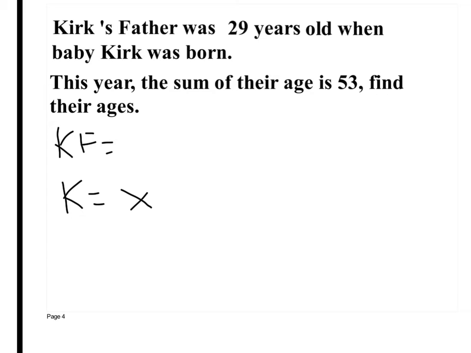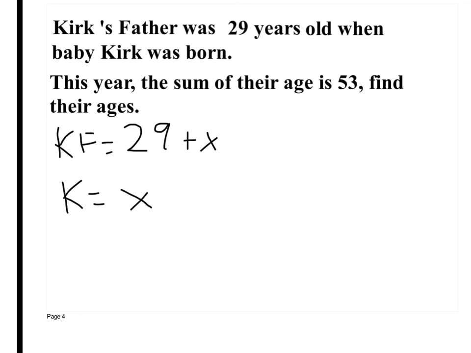How old is Kirk? What do we write? We wrote x. So how old is Kirk's father? 29 plus x. Kirk's age might change, and so does his father's. It's going to change accordingly. So you have to know Kirk's father's age is 29 plus however old Kirk is. If I don't know how old Kirk is, that becomes x.